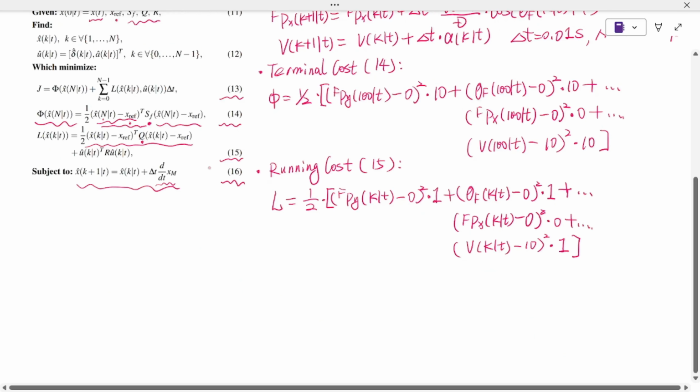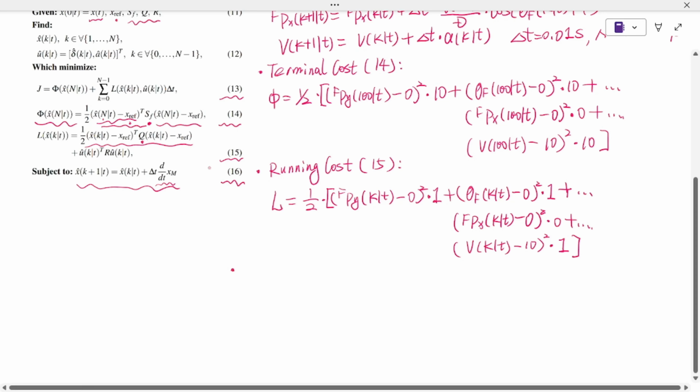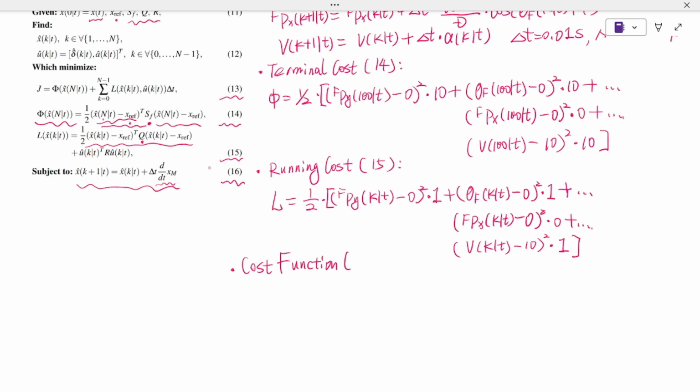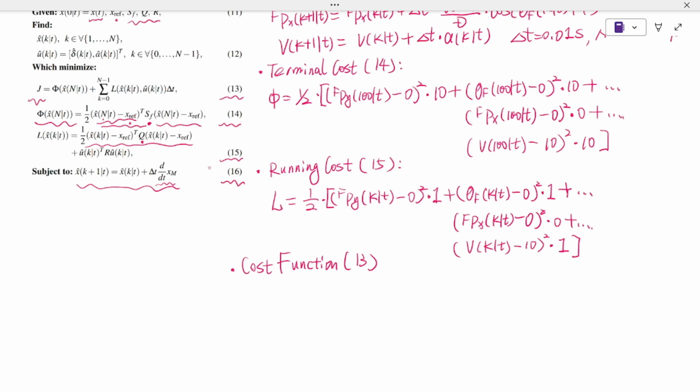Okay. Following that is the cost function, the most important cost function, corresponding to equation 13. Actually, the cost function J consists of the terminal cost and the running cost.